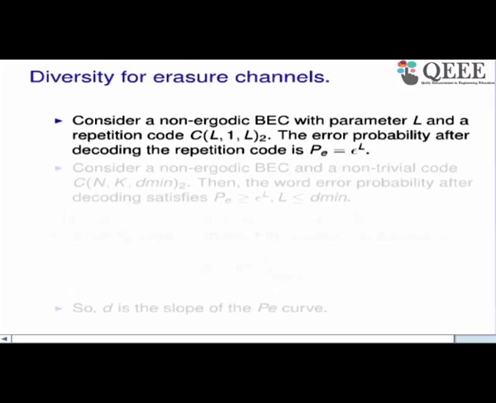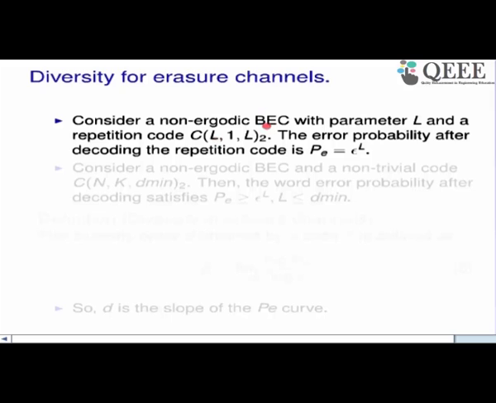Now come to the case of the non-ergodic channel. In a block we are going to repeat it, so we are using a repetition code with the same number of repetitions as the block length of the non-ergodic channel. So L is a common parameter.